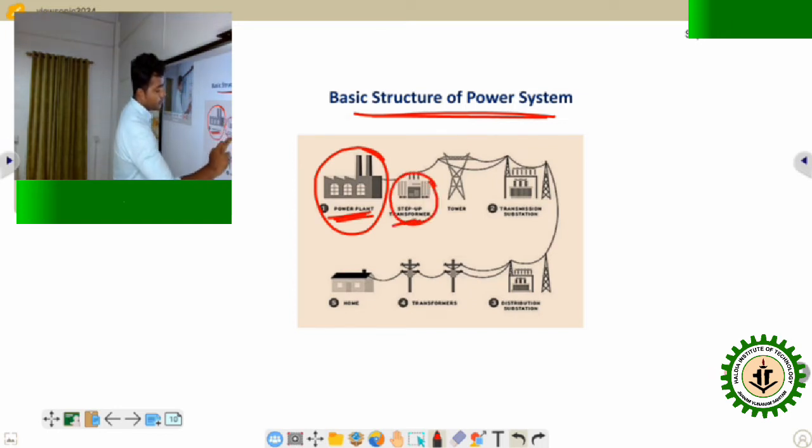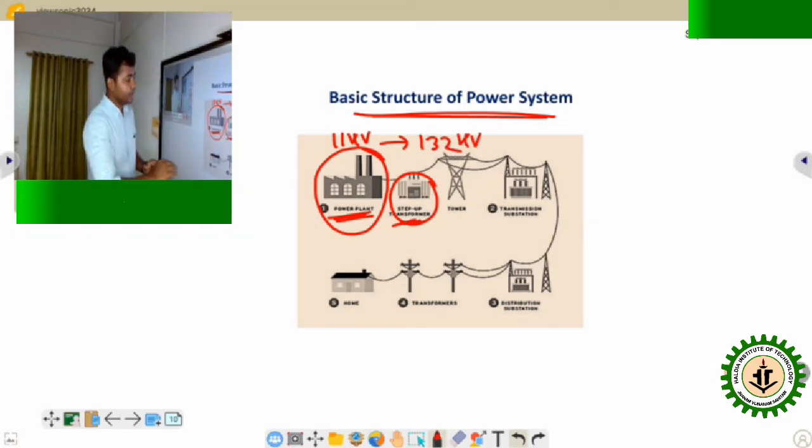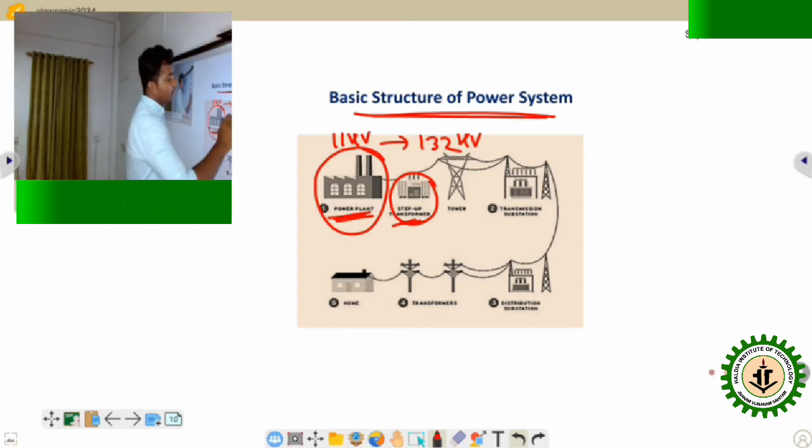Suppose from 11 kV generated, the step up transformer steps up the voltage from 11 kV to 132 kV. And this high voltage is transmitted through the transmission line and tower. Transmitted through a tower, and after some long distance there is a transmission substation. So in the substation the voltage will be stepped down.